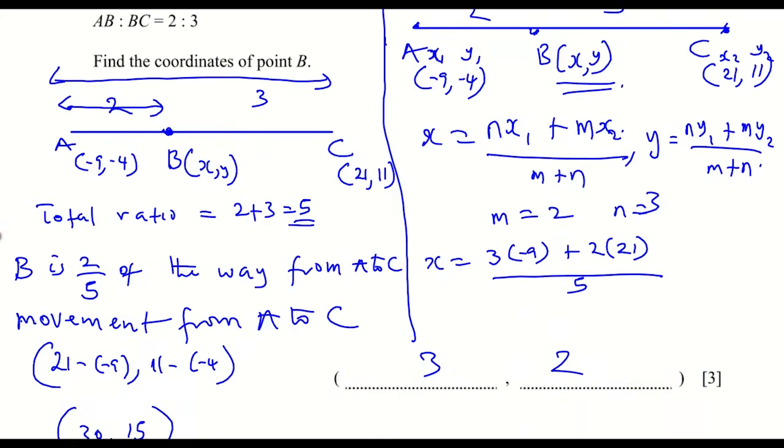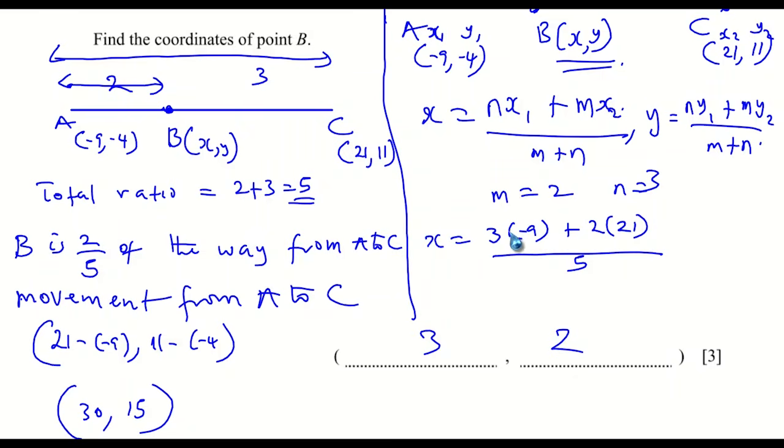So this equals 3 times negative 9, negative 27, plus 2 times 21, that is 42, then divide by 5. So x equals negative 27 plus 42, that will be 15 over 5, that will be 3.